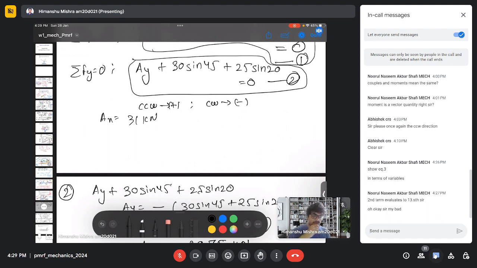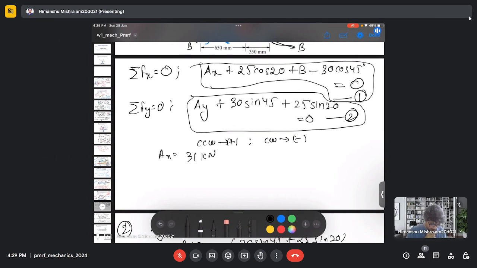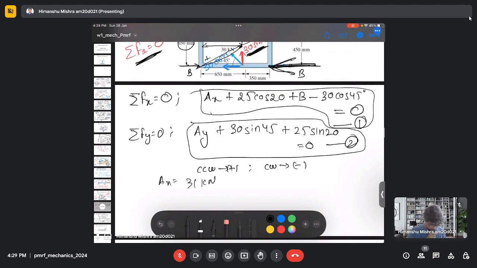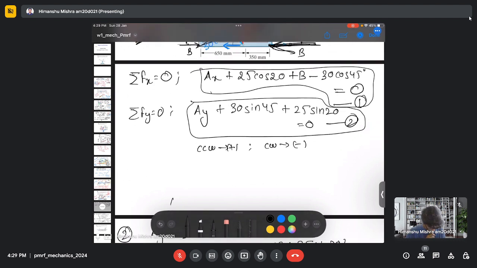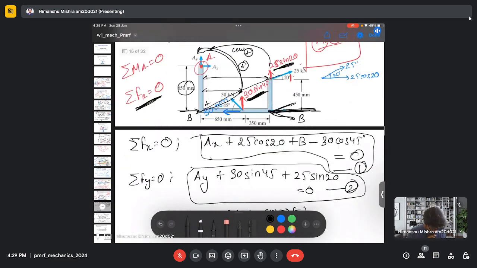I don't exactly remember. So have you noted down the magnitude of AX we found? So anyway, let's solve the second part of the question.